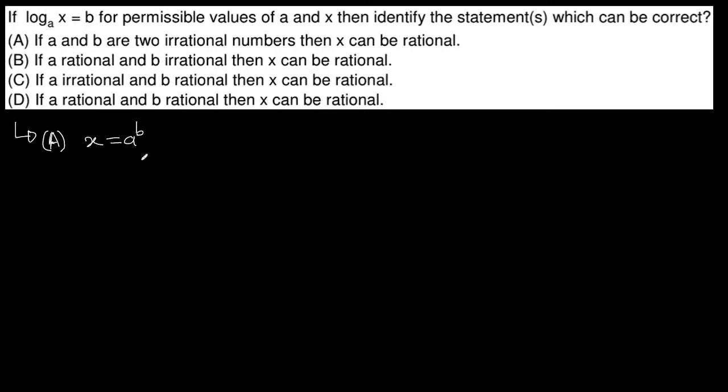We have to contradict. If we put x equal to root 3, a equal to root 3, b equal to root 2, then x will stay irrational. Take some example which can make it wrong or correct. So I think A is false.